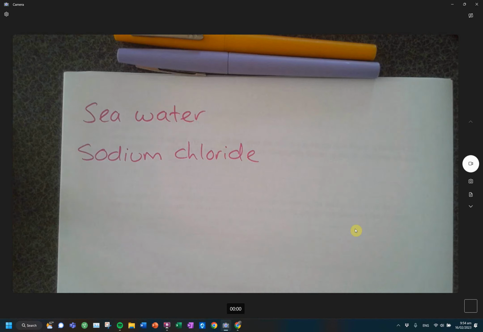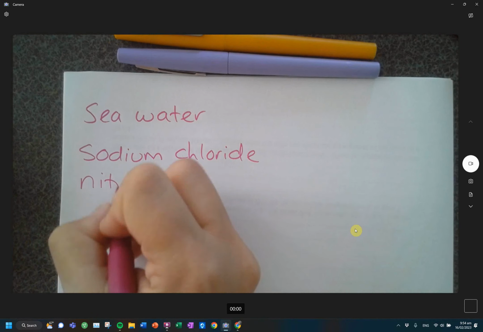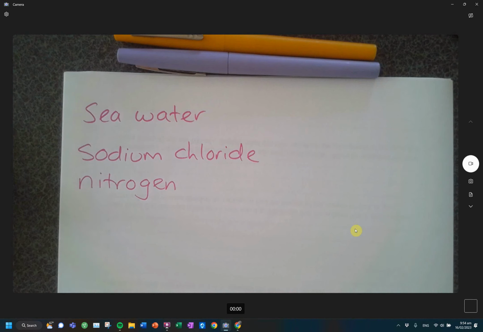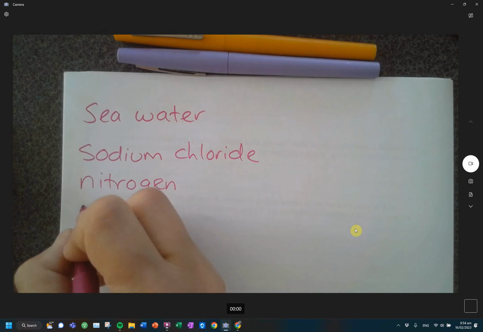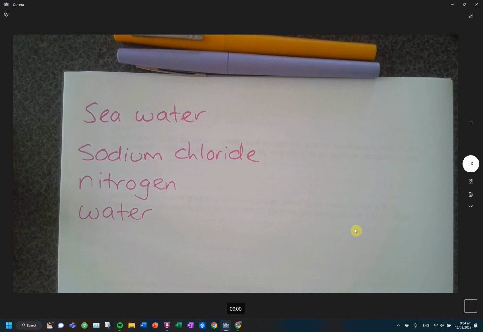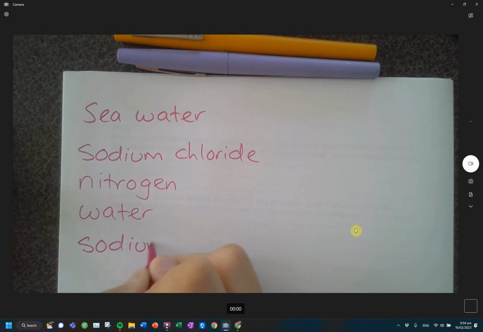The next word is nitrogen. The 4th word is water. The 5th word is sodium. 6th word is air.